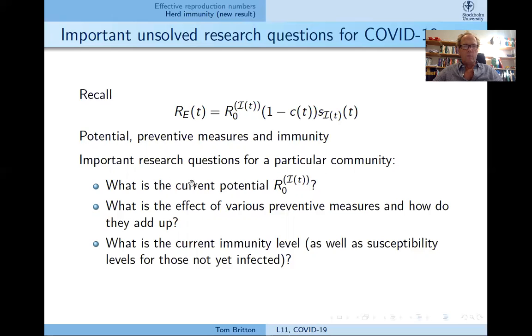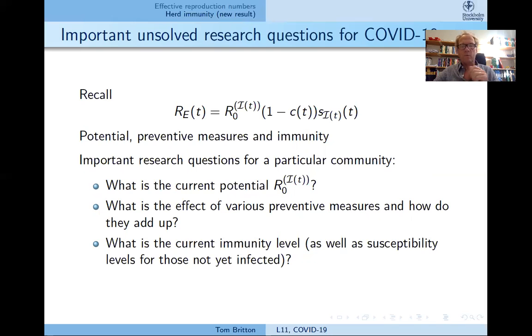So an important question is, what is the current potential? If it was 2.5 for those getting infected early on, is it now maybe 2, or is it bigger or less? And then what is the effect of various preventive measures? So this C of T is somehow the overall effect from many different preventive measures.